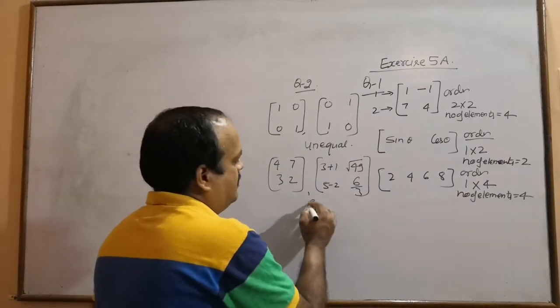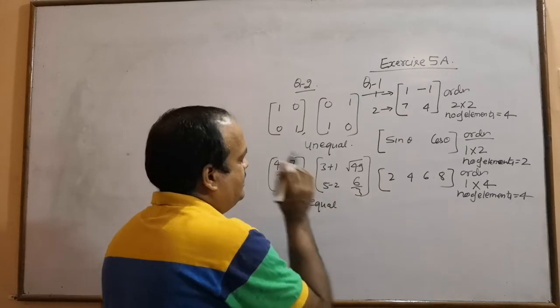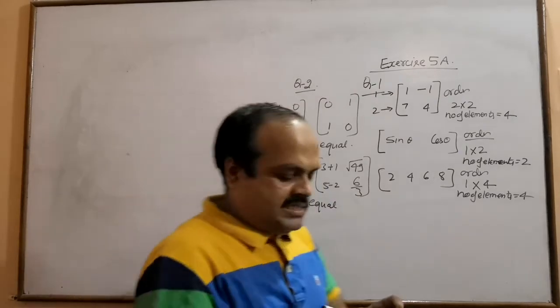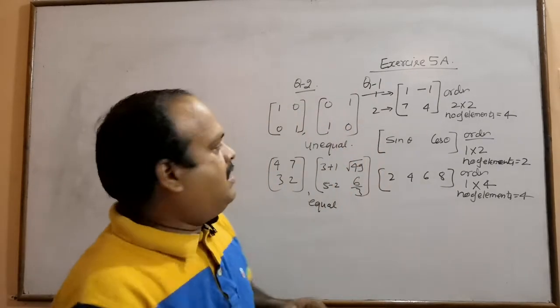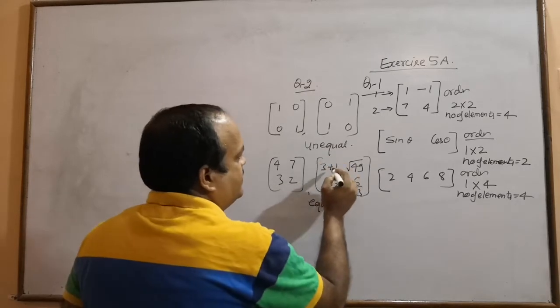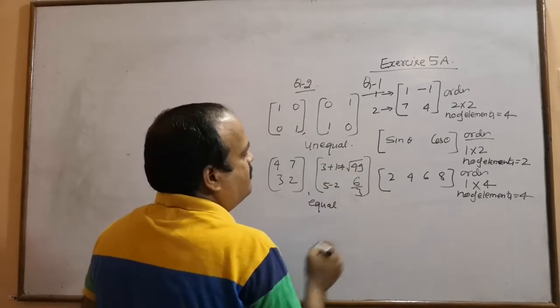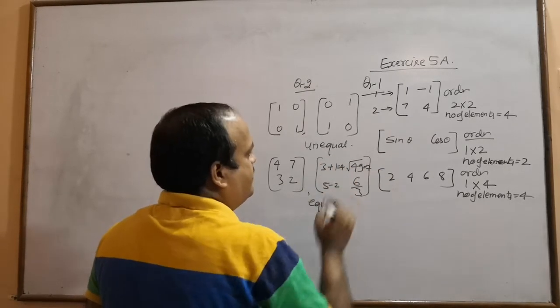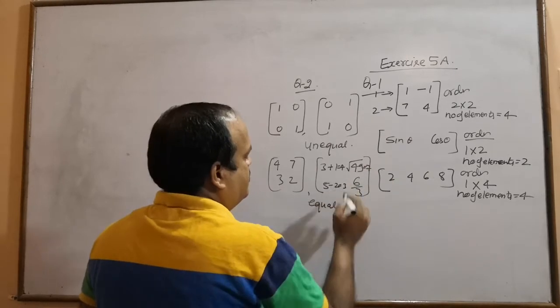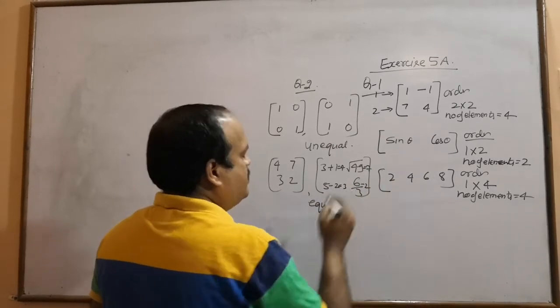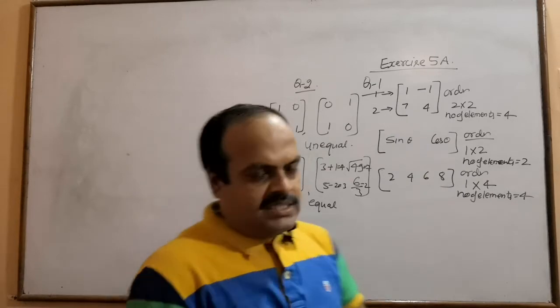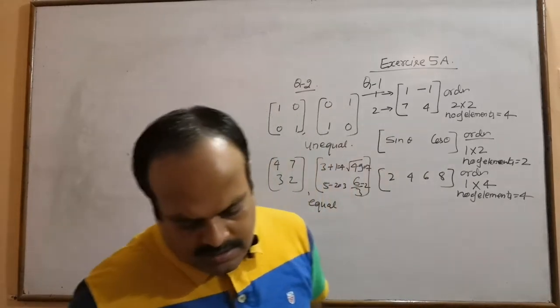So here we can write that the matrices are equal. Here itself you write 4, 7, 3, 2. So these matrices are equal.